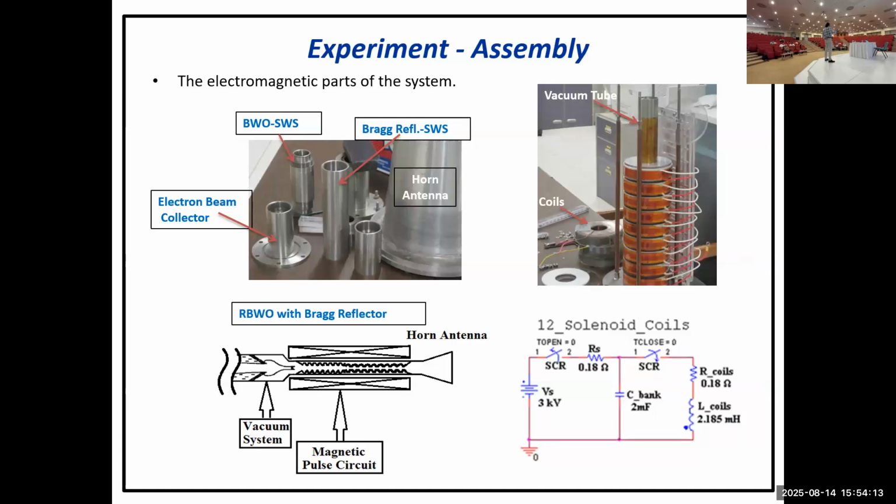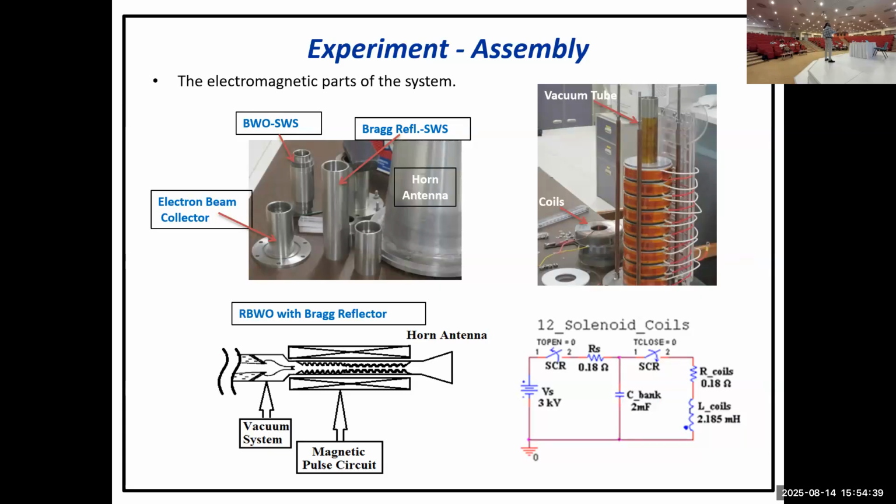It has a lot of components, but you charge your capacitor, and once it's charged, we fire the first trigger signal to close the SCR, the thyristor. Then this is going to be discharged into the coils here.